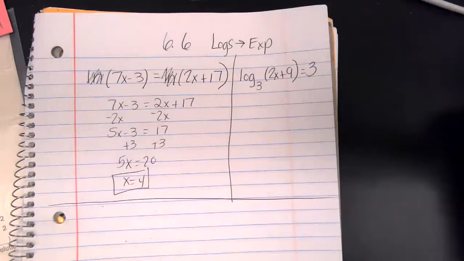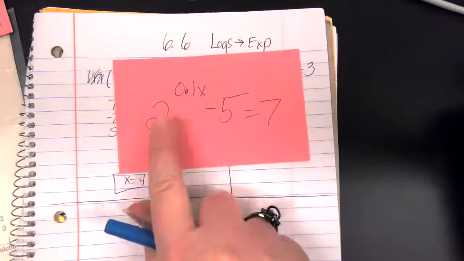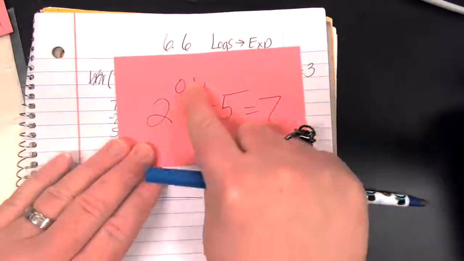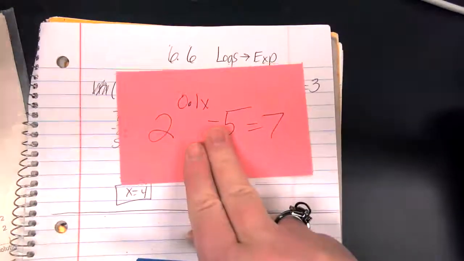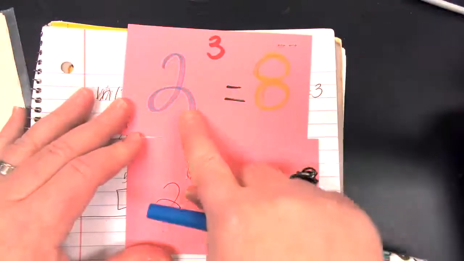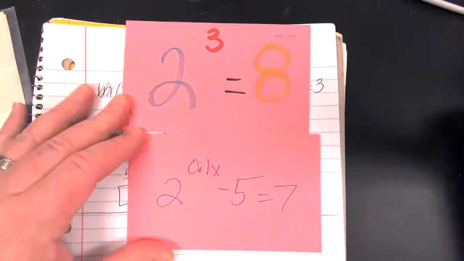I'll find one. Like this one. Remember how we were looking at, I need to isolate this piece, so I need to add 5 first, so that all I have on one side is the 2 to the third piece. Well, guess what? You need to do the same thing with this.